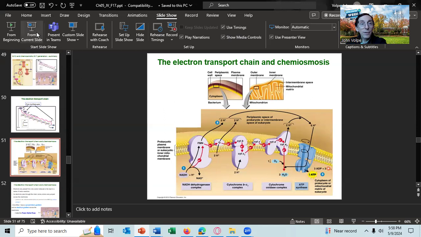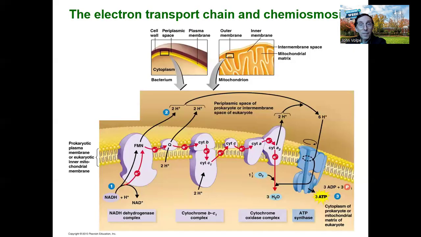This slide is showing you where the electron transport chain happens in a eukaryote cell. That's happening across the inner mitochondrial membrane, shown right here. And in a prokaryote cell, it's happening across the cell membrane right there.